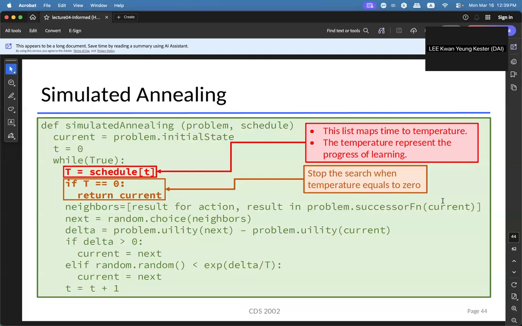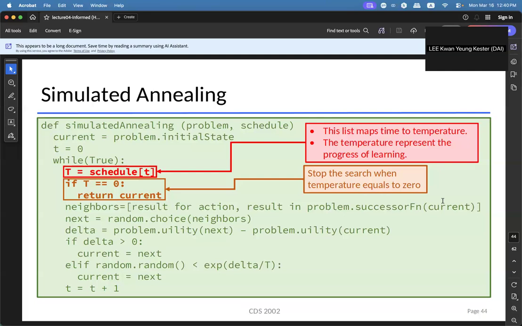Then you let that metal cool down slowly. The slow cooling process allows the atoms to get into the correct structure alignment, such that it gives the metal the highest strength.